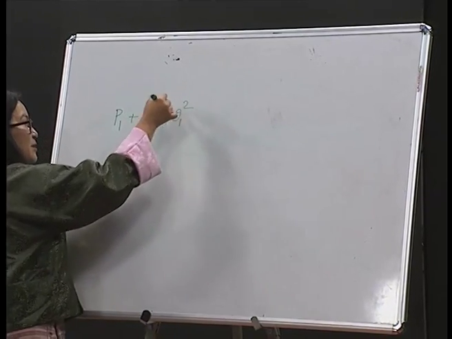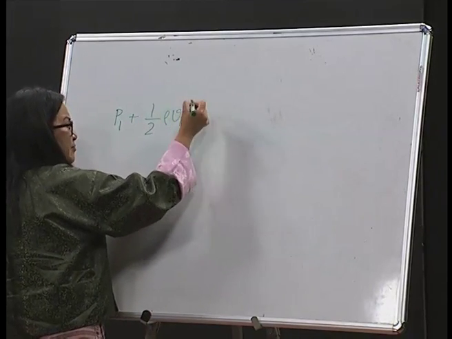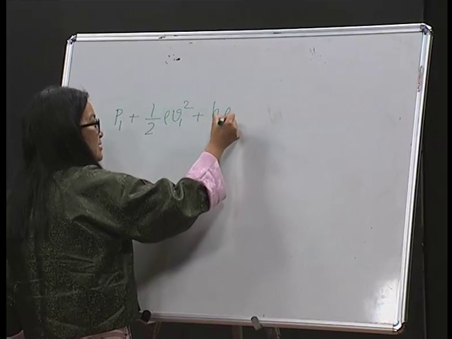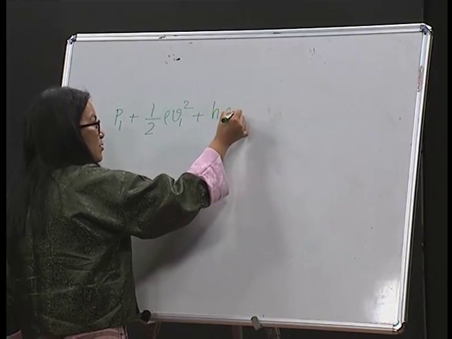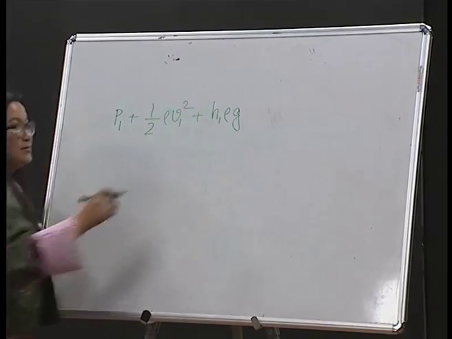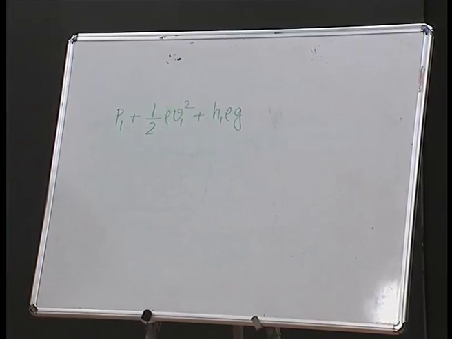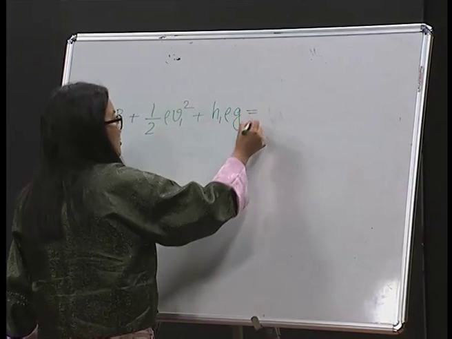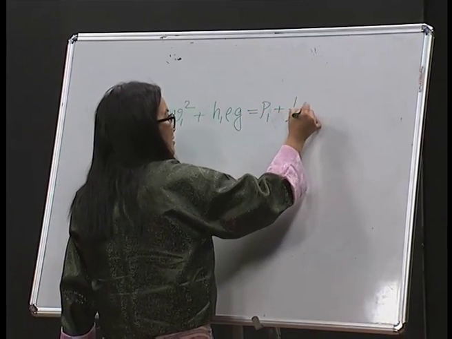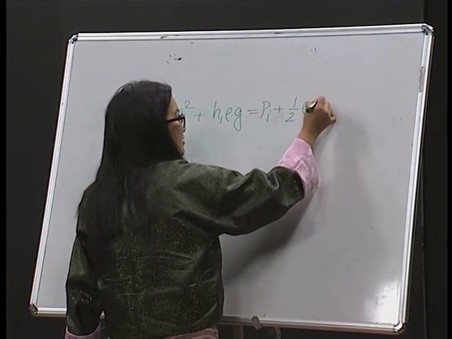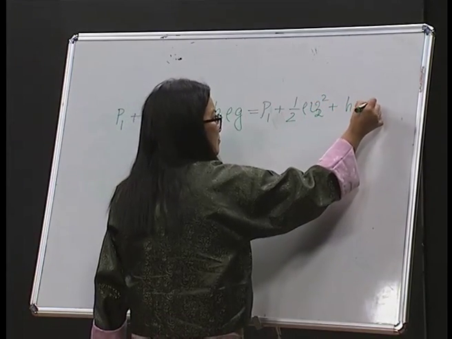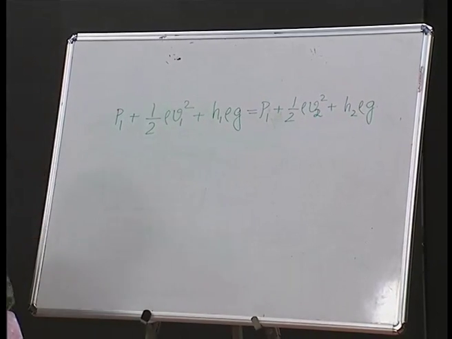This whole term represents kinetic energy, plus the potential energy, which is H1 times density, represented by rho, times g. So, this represents the potential energy. The sum of this at the lower end is equal to the pressure energy, kinetic energy plus potential energy at the upper end.